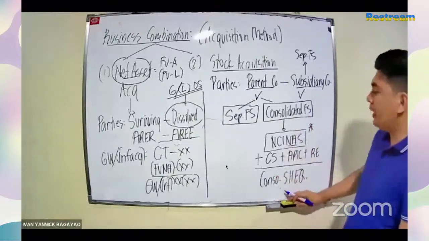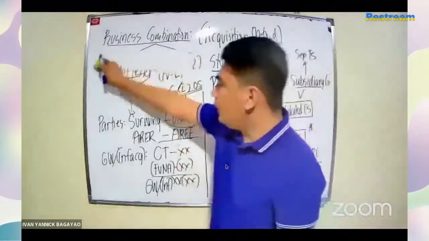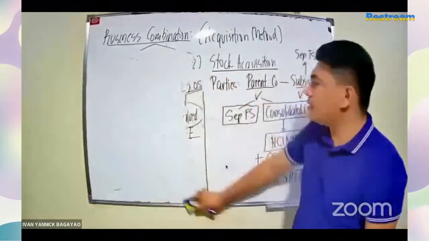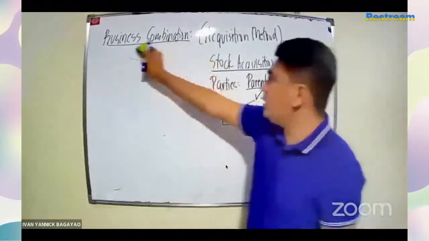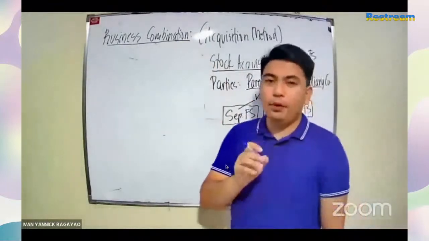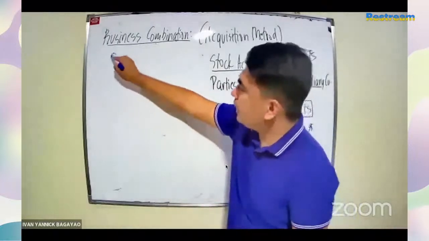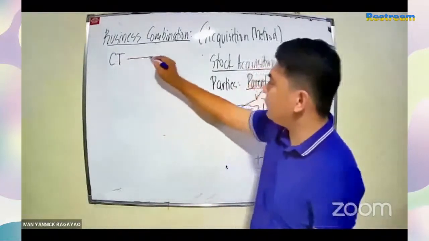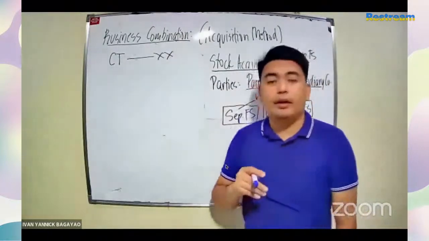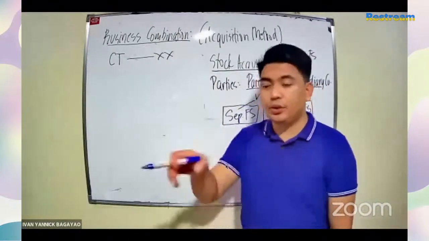So if there is NC-NAS, we have to determine how to value the non-controlling interest in the net asset of the subsidiary. Class, in computing goodwill or income from acquisition, you start again from the consideration transferred. How much does the parent company, or controlling interest, pay for the subsidiary?